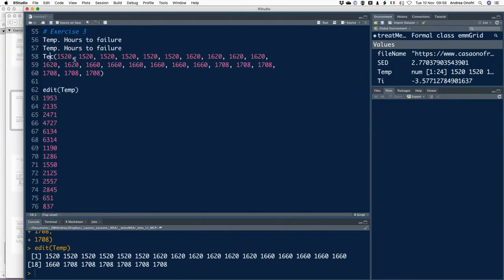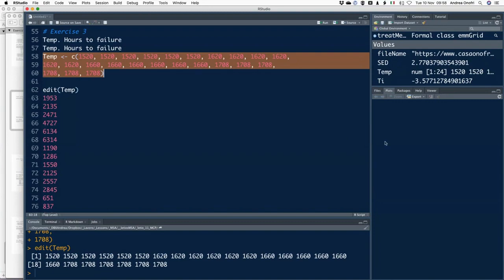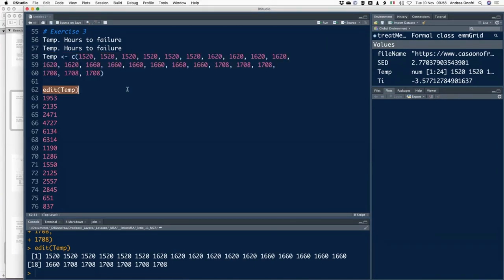So this would be the temperature. Oops. And here we go. This is the temperature. And here we go. Then I have the hours.